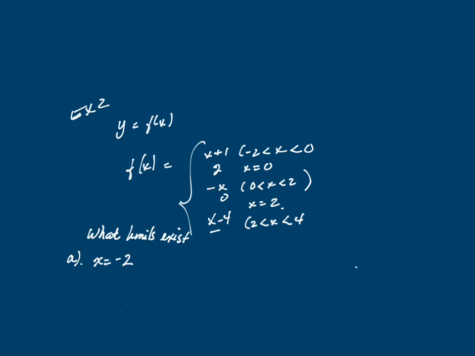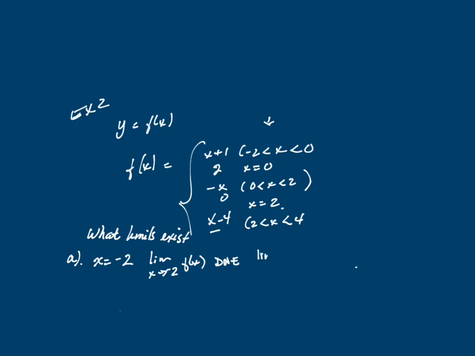Well, our function is only defined for x greater than -2, in between 0. So we cannot get a limit. The limit as x goes to -2 of f of x doesn't exist because we only have one side.